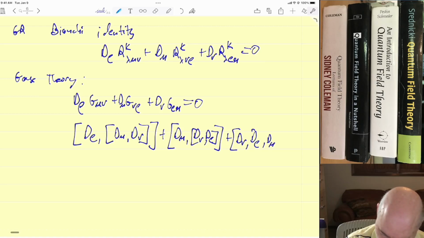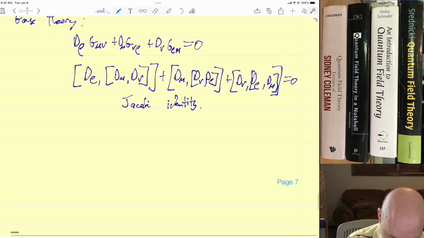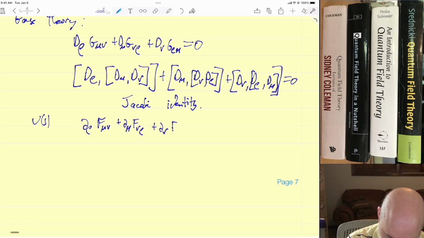Which I'm sure many of you have seen before in different ways. This is none other than our old Jacobi identity. So in electromagnetism, because of the way it works, in U1 it's very simple, and we get an equation which you've all seen as well, which is the homogeneous Maxwell equations.